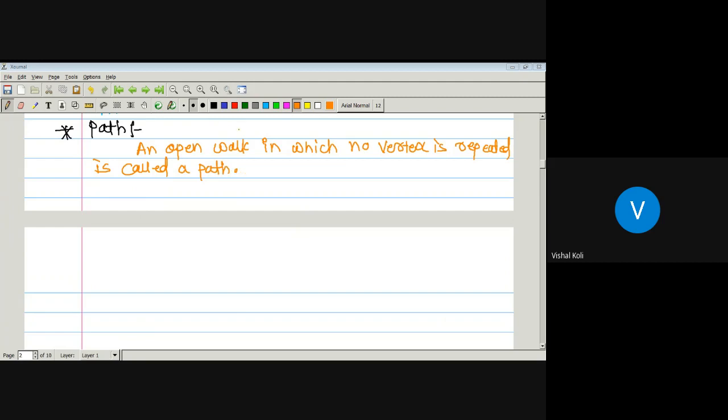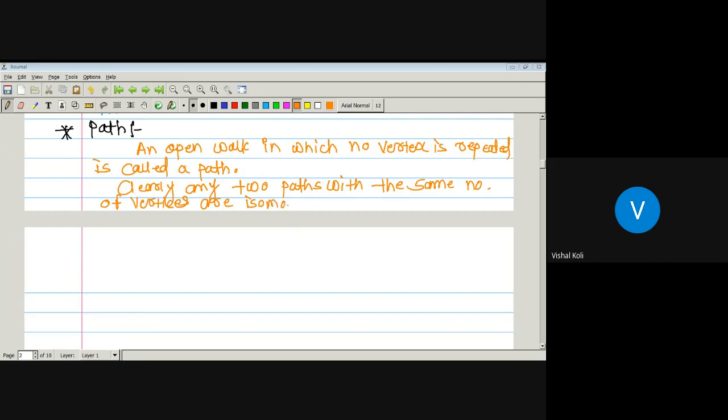Now clearly, any two paths with the same number of vertices are isomorphic.